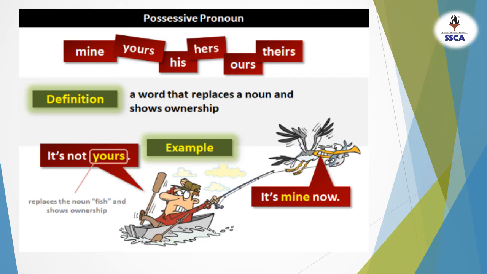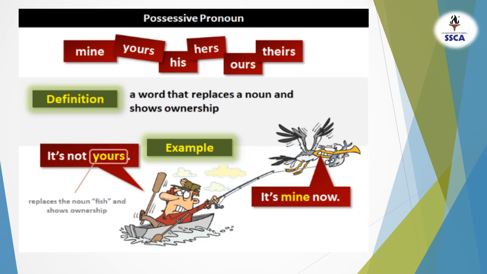Here you can see there is a man who is fishing, but there is also a bird and it took his captured fish. Now the man is saying it's not yours, meaning he's telling the bird that this fish belongs to him and he is the owner of the fish now.